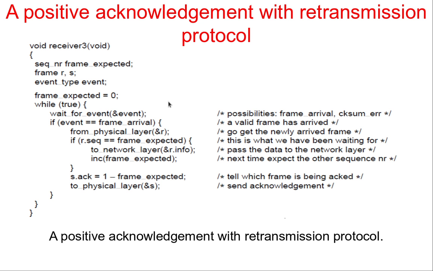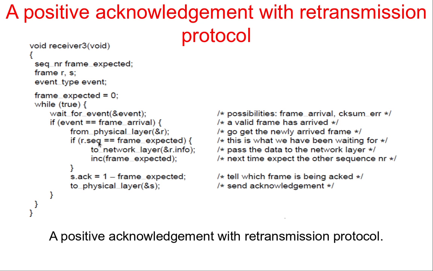Why this is important? Because as we have seen that now the channel is erroneous, there may be a frame which is completely lost, and the next frame may arrive which the receiver is not expecting. That frame arrived has got a sequence number which is not equal to the sequence number which the receiver is expecting.